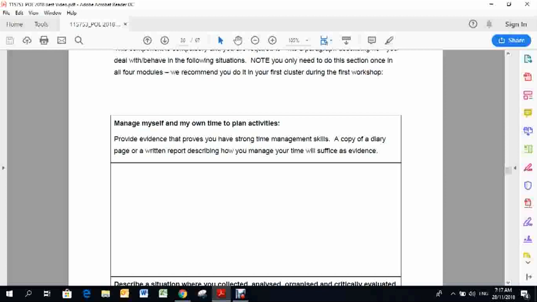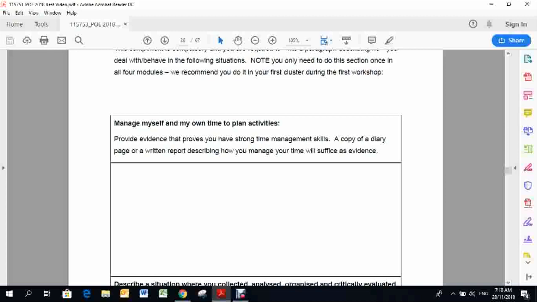So you need to tell us that you are able to manage your time to plan your own activities, maybe by the use of a diary or by the use of a reminder, electronic diaries. There's quite a lot of ways that people manage their own time with.